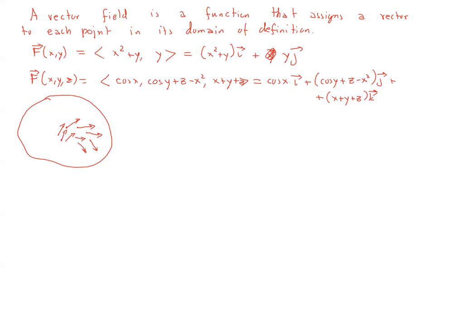And let me just say that the prototype for the idea of a vector field is force fields. Obviously, we do live in a force field. That would be our gravity field created by our planet. And we can have all sorts of other fields, electromagnetic fields, and so on.